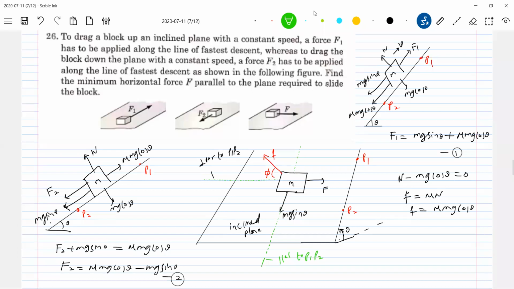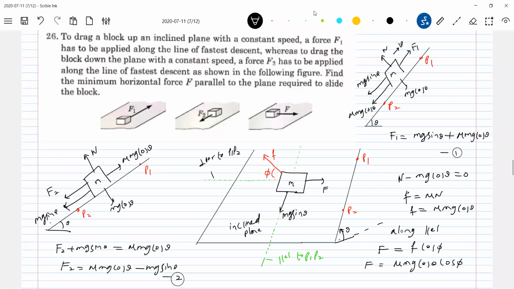First, equating forces along parallel: F cos phi equals mu mg cos theta cos phi.